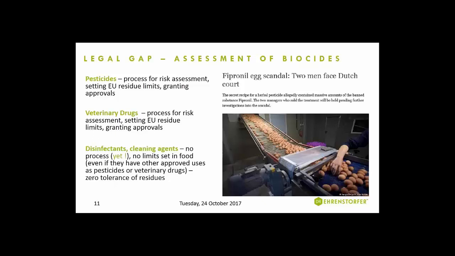If the same substance is used as a veterinary drug, again, there's an approval process and residue limits are set in food. But if it's used as a disinfectant, say on the animal sheds, then there is no approval process at the moment. And because no limits have been set, then any residues in food are unacceptable. And this can lead to obvious inconsistencies.